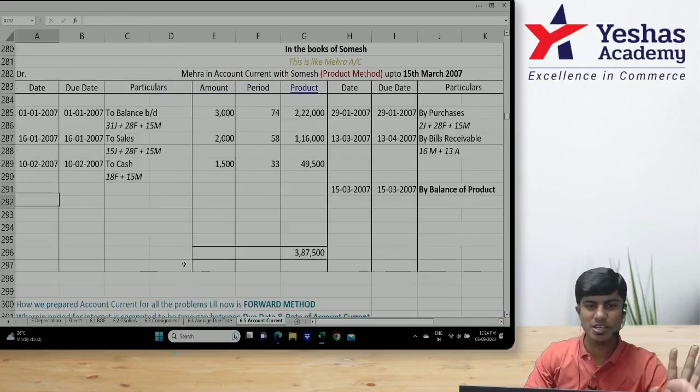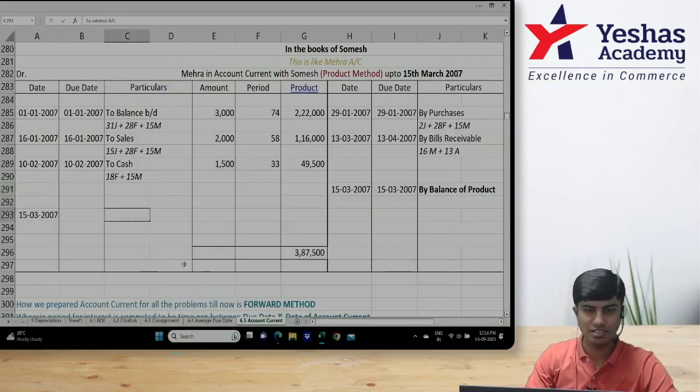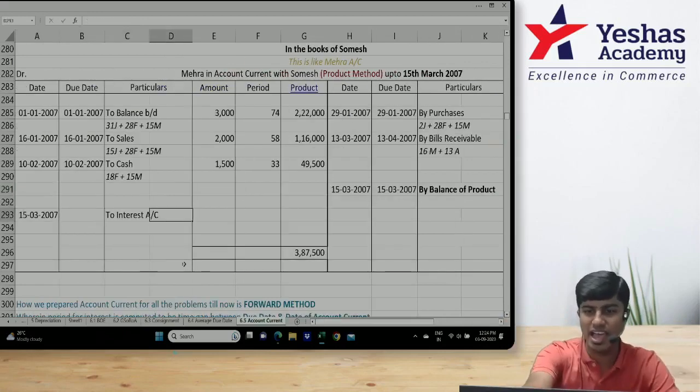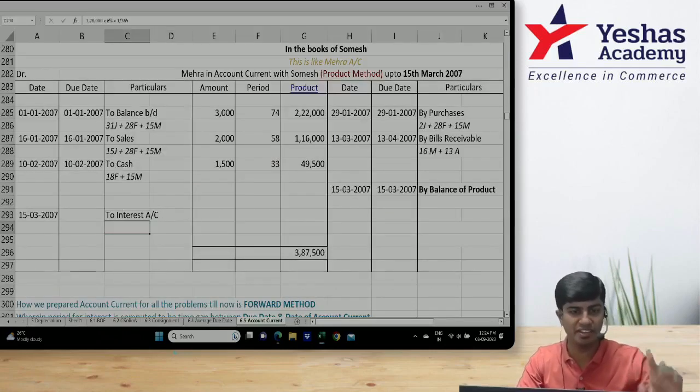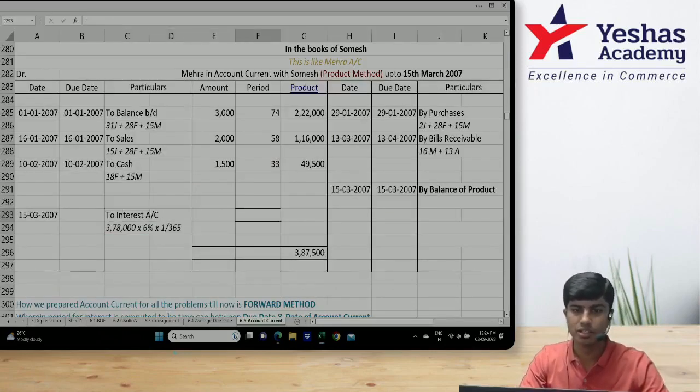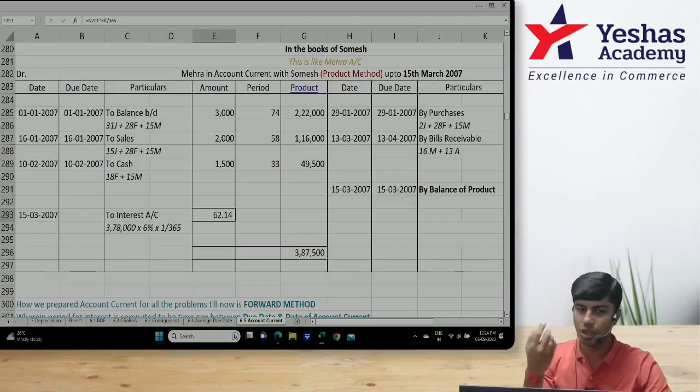Interest: 3,78,000 into 6% into 1 by 365 is 62.14.